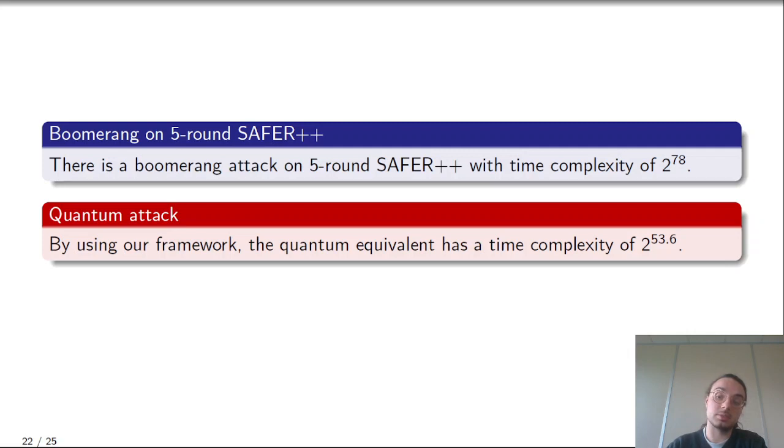This is not a quadratic speedup, but this is explained by the fact that the main part of the quantum attack is the Ambainis search. And Ambainis's algorithm is not a quadratic speedup, so this is why we cannot see a quadratic speedup.